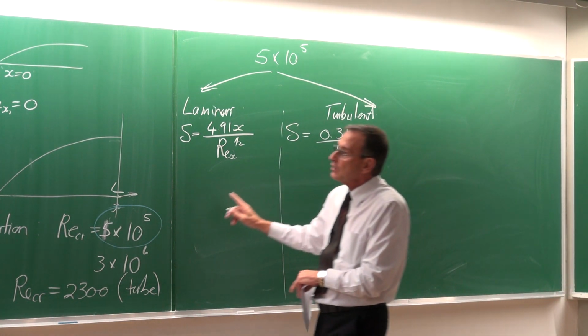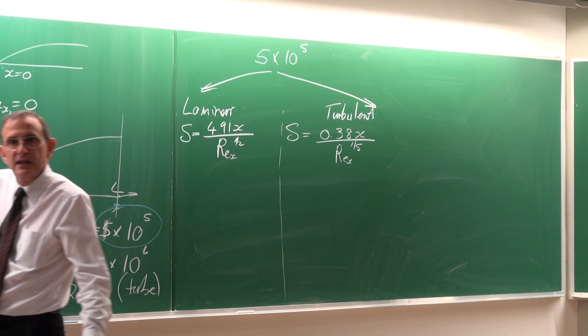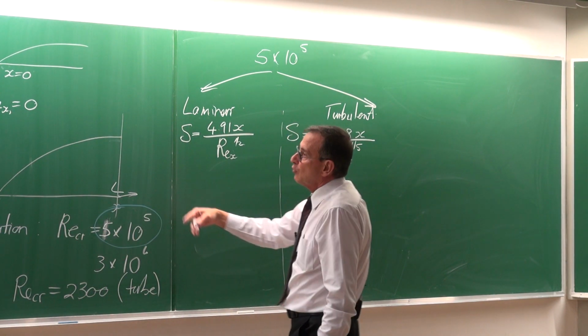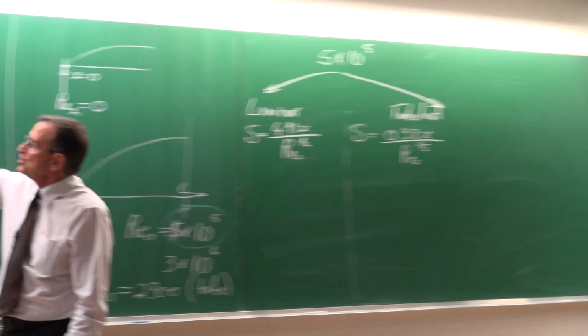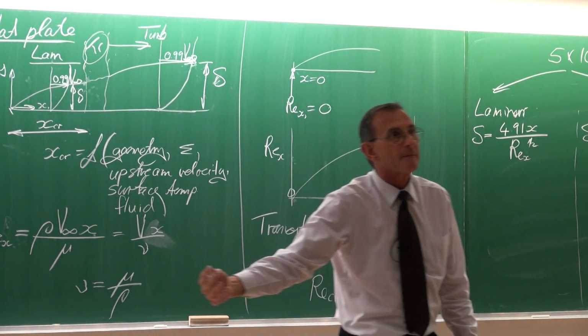So again, if we go to the leading edge of the plate, the Reynolds number is always equal to 0. Therefore it means that the flow regime at the leading edge is always laminar. Okay.